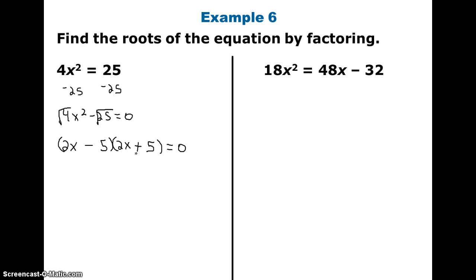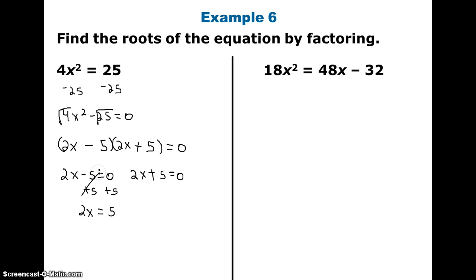So this is how you apply the zero product property. You take what's inside of the first parenthesis, so you just bring it down, and you're going to set that equal to 0. You take the second parenthesis, what's inside of the parenthesis, and you set that equal to 0. So now you should solve for x. So for this one, you add 5 to both sides. So 2x equals 5.